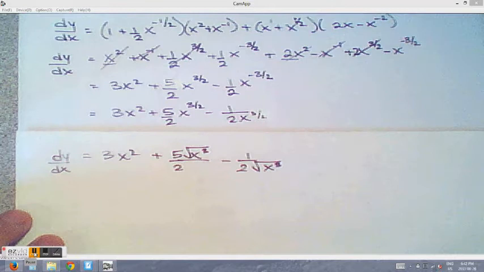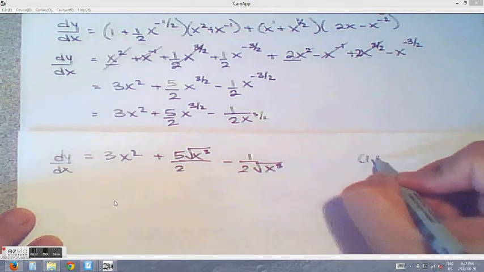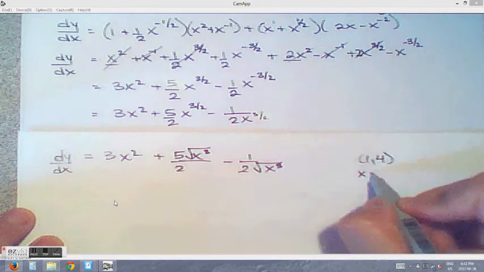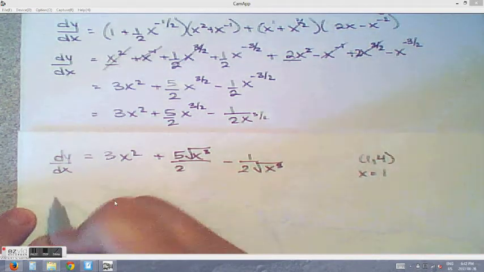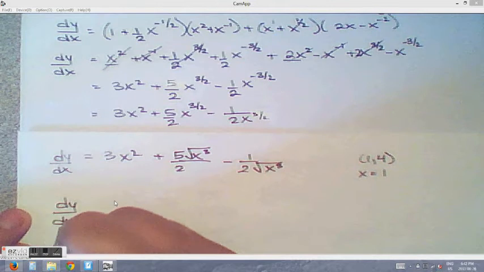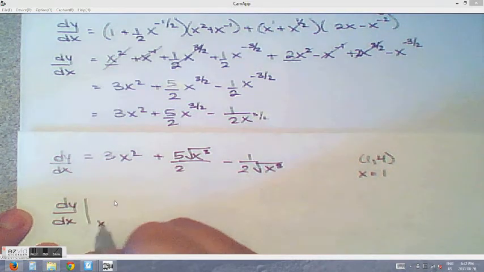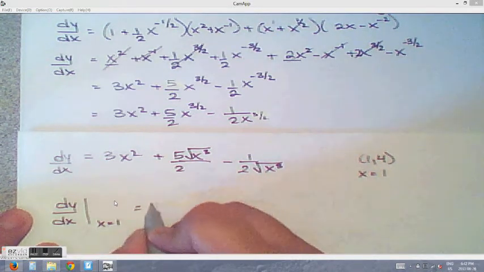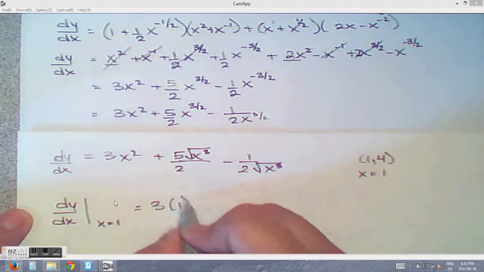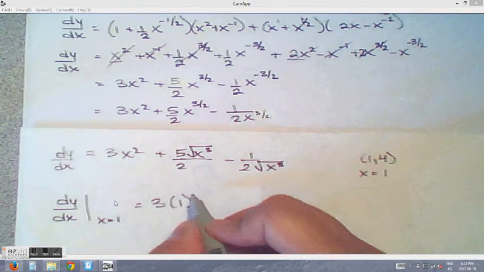And now what we want to do is evaluate the derivative at the point 1 and 4. So again, we just need the x, which is x equal to 1. So dy by dx, when x is equal to 1, is equal to 3. I just replace everywhere there's an x with a 1.